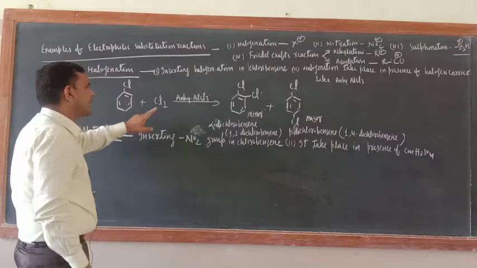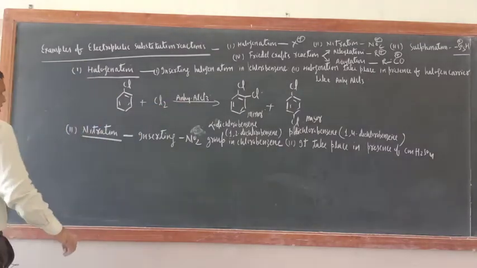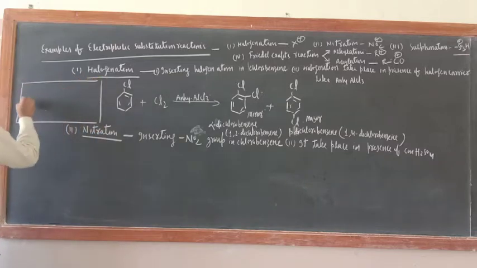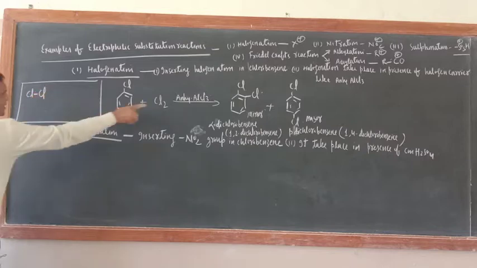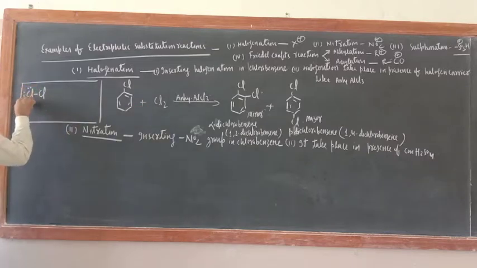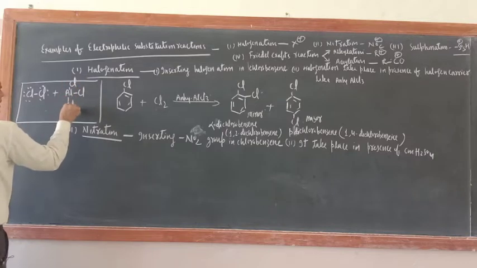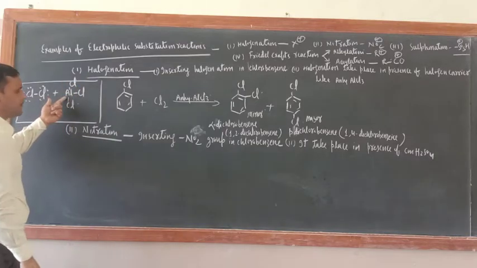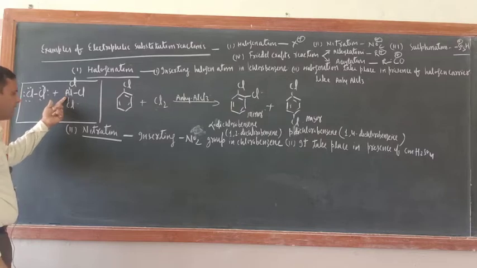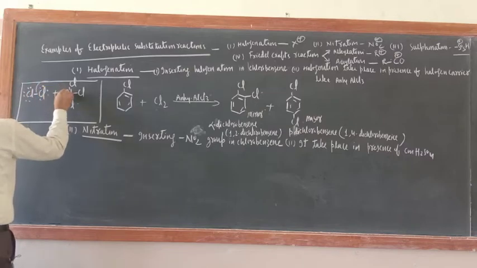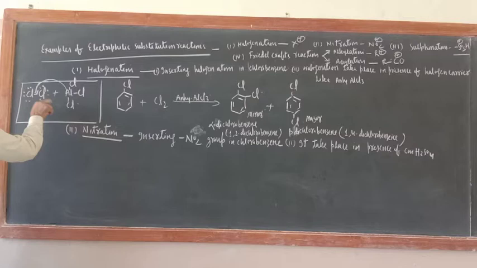Now try to understand the function of anhydrous AlCl3. Create this box. This is Cl2, plus AlCl3, with Cl on each. This is an electron deficient compound; the octet of aluminium is not completed. So it will attack here, taking both electrons.